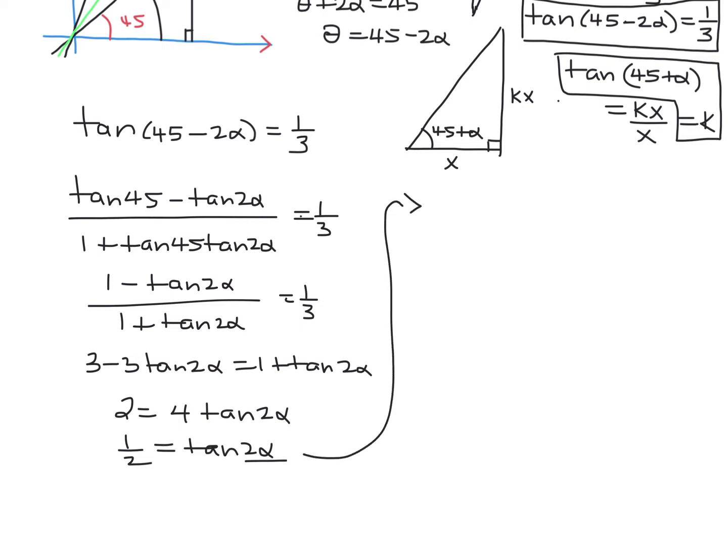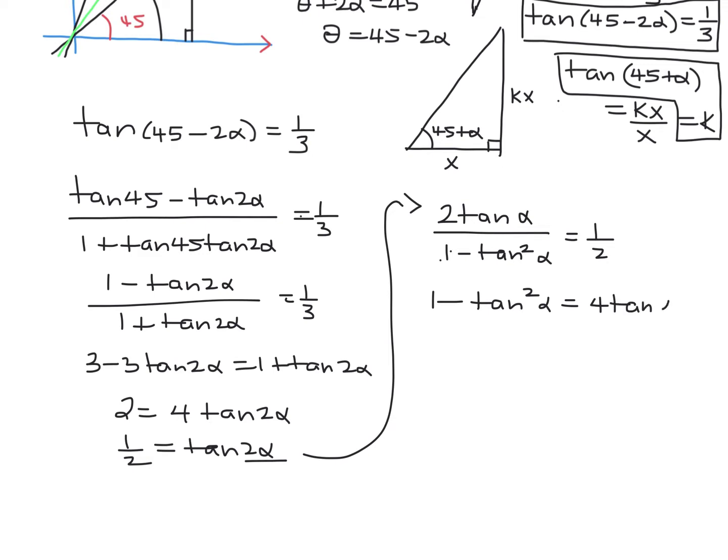So they're not making this easy for me. Okay, the tan of 2 alpha, that is what? 2 tan alpha over 1 minus tan squared alpha, right? And that's 1/2. So we got a quadratic here. Okay, so 1 minus tan squared alpha is 4 tan alpha.